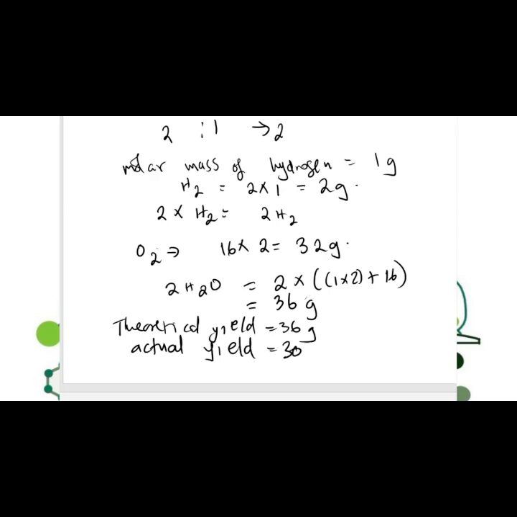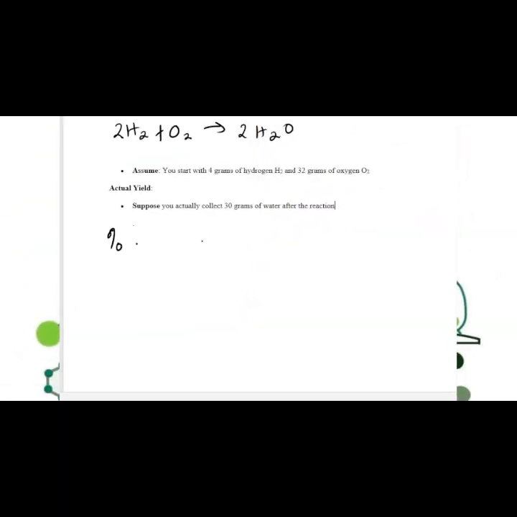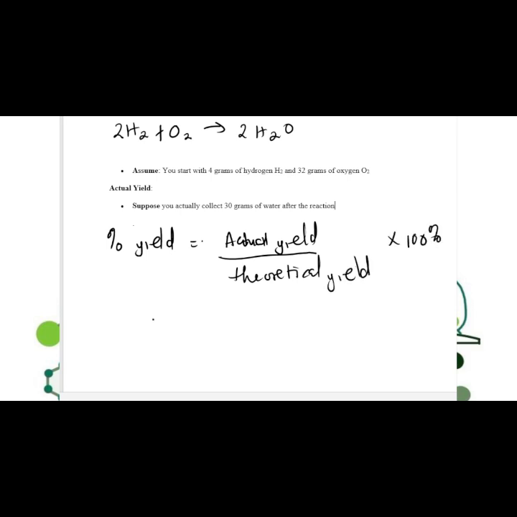Percentage yield is equal to the actual yield all over the theoretical yield by 100%.